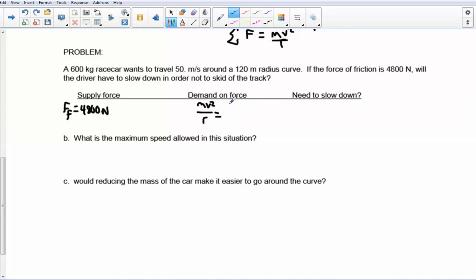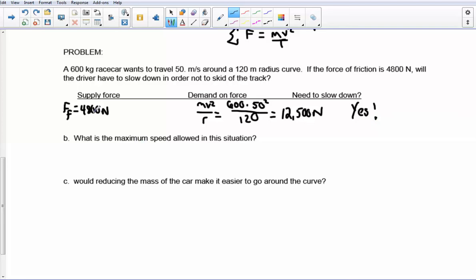That is 600, the mass, times 50 squared divided by my radius of 120 meters. So the demand is 12,500 newtons. If we have a supply of 4,800 but the demand is 12,500, then yes, we absolutely have to slow down in order to make it around the turn.